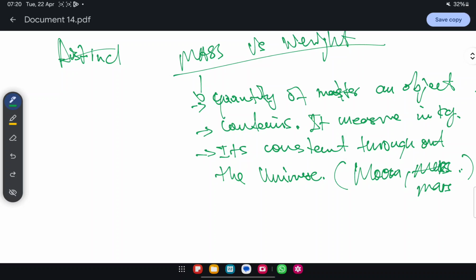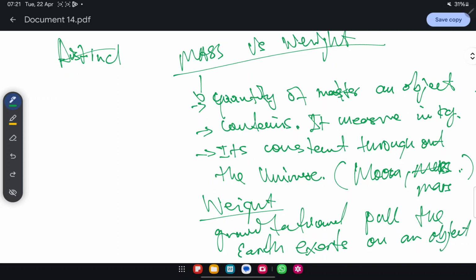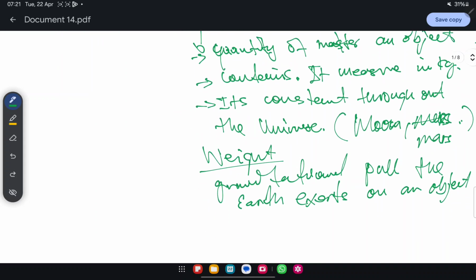Weight is different, because it's the gravitational pull the Earth exerts on an object, which means it is a force.